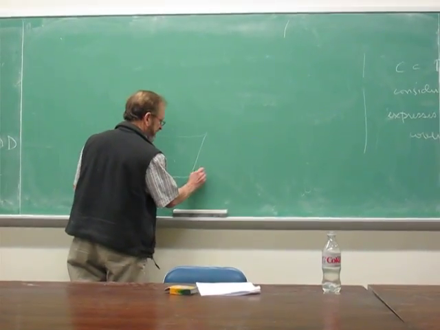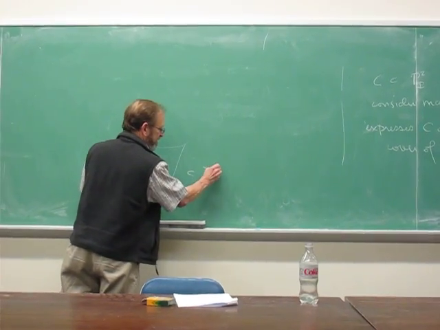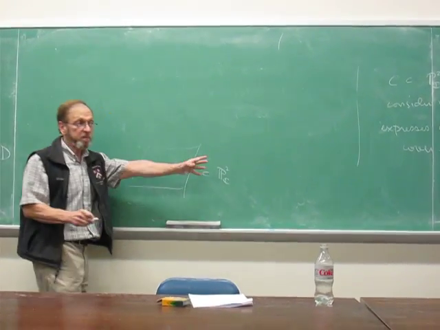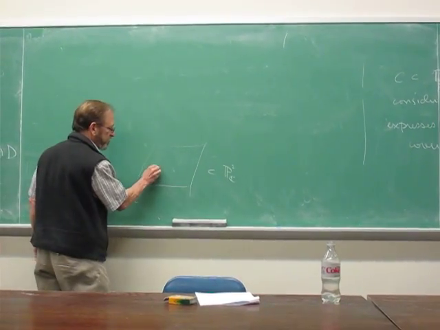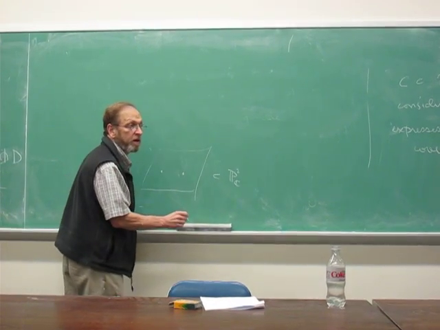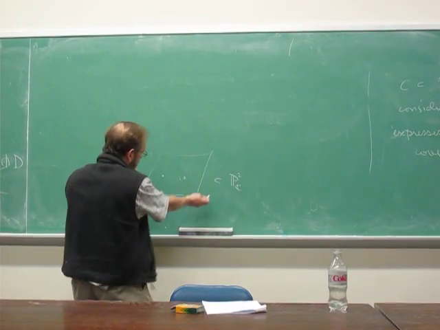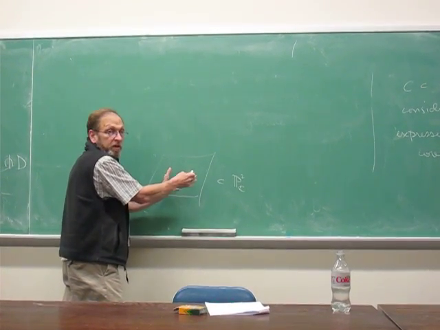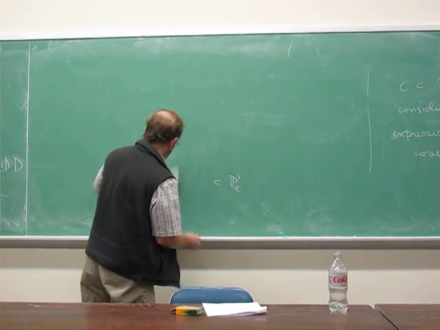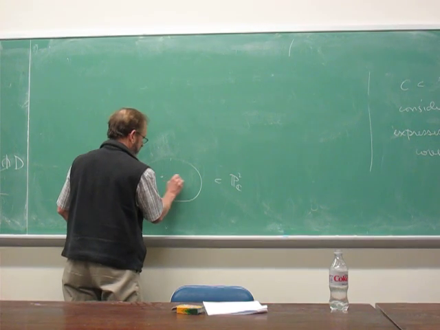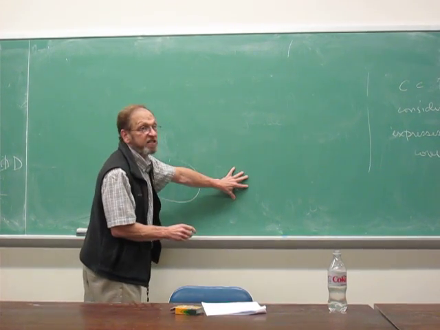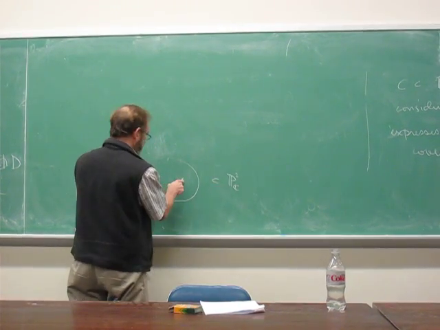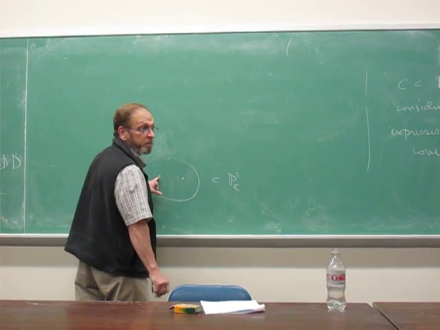So think of this as, say, the finite part of CP2, and suppose these are the 2 branch points. I think of this as completed to a sphere, but I'm only going to be drawing this one segment of it, an open disk in CP2. And these are the 2 branch points of the map.